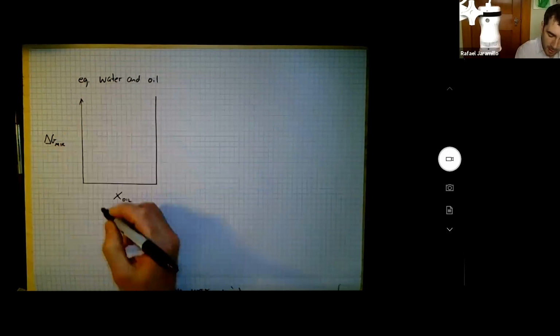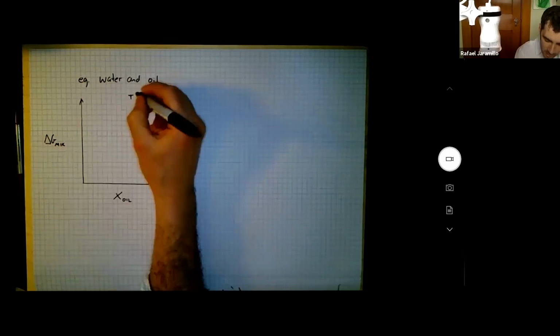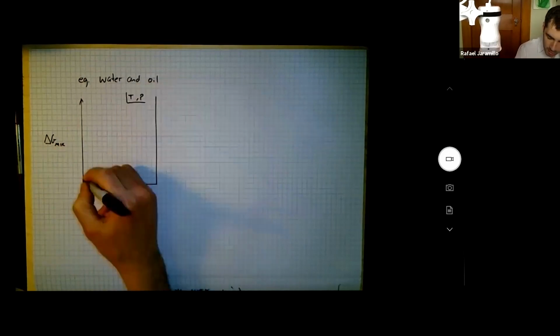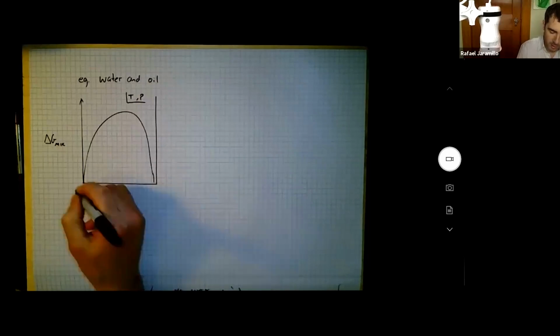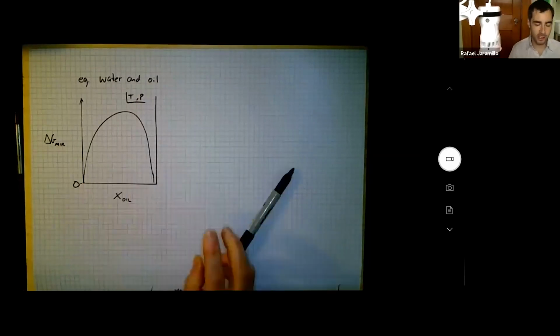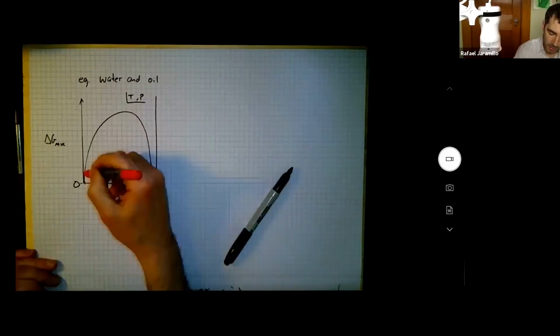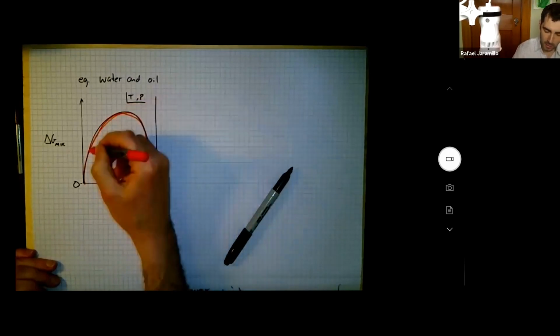delta G mix at a given temperature and pressure, that's typically what you find. You have a positive delta G of mixing with a negative curvature.